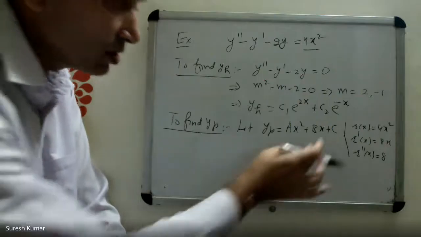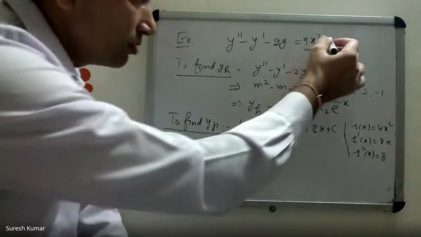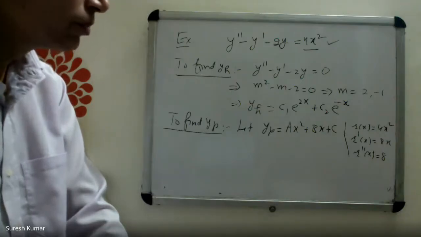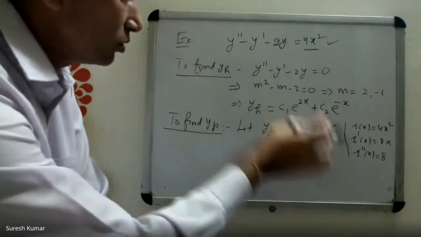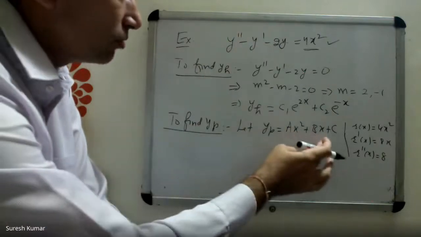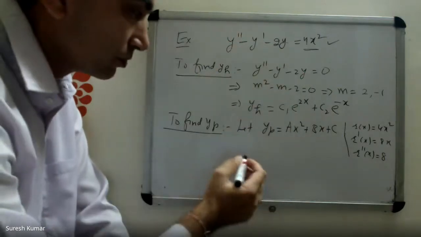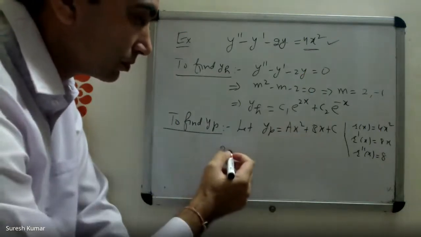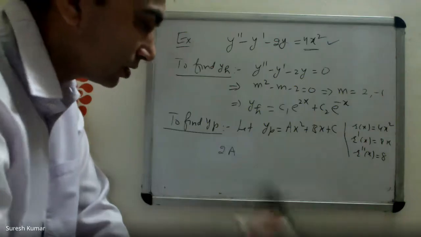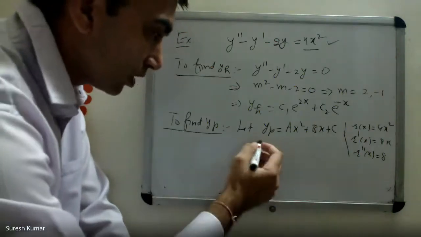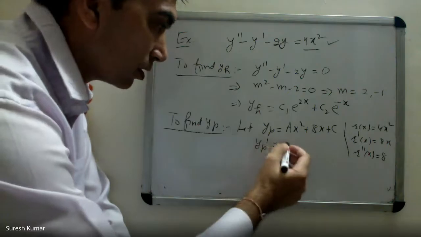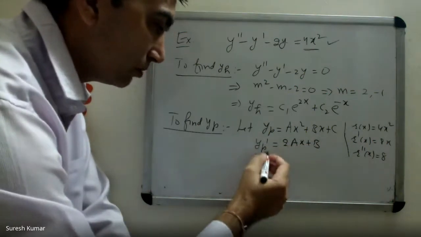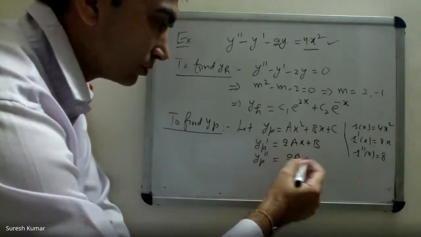Now, next step, substitute this into the given differential equation to determine a, b, c. So if I substitute here, what do I get? yp prime is 2ax plus b. yp double prime is 2a.